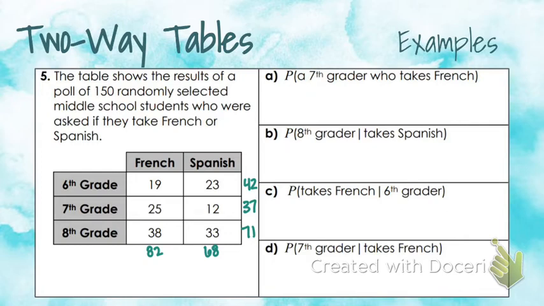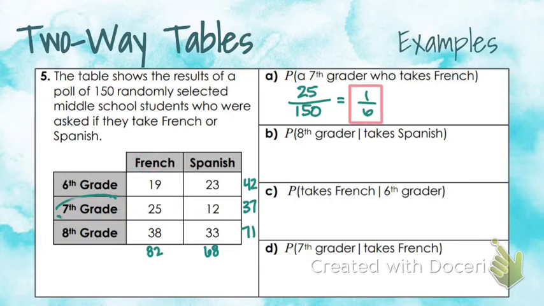So we just want to know, out of all the students, so there are 150 total students, what's the likelihood of choosing a 7th grader who takes French? All right, 7th grade takes French. That's this number. There are 25 of them. So that reduces to 1 out of 6, and that's your answer.